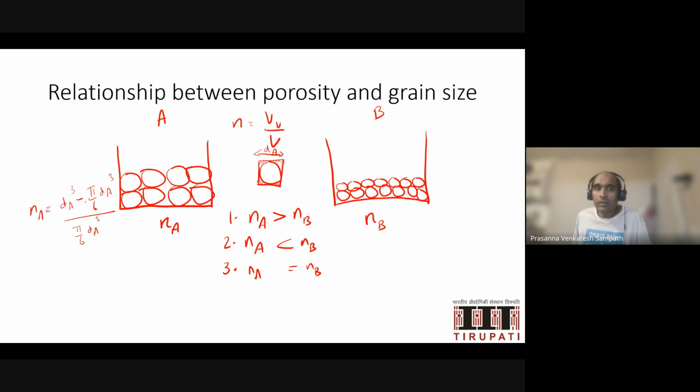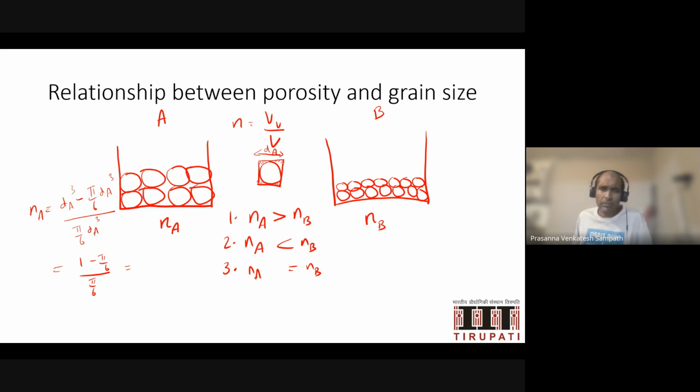So what will you get? There is a dA cubed common in the numerator and a dA cubed common in the denominator. So I will get 1 minus pi by 6 divided by pi by 6, which is equal to 6 minus pi by 6 divided by pi by 6. If you approximate pi as 3, it's half by 1 by 6.